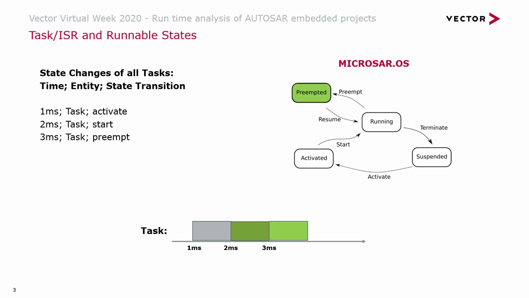At the time of 3 milliseconds, the task is preempted, which means it's interrupted because another task with a higher priority takes up the runtime on the CPU. Then eventually, at the time of 4 milliseconds, the task that we just looked at is resumed. So it's active again, and at the time of 5 milliseconds, it's terminated because it's finished.